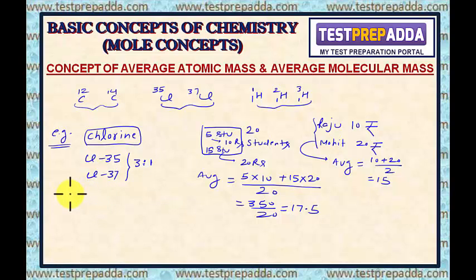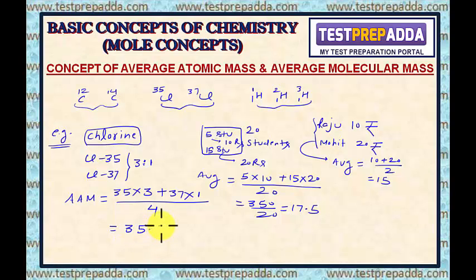So for the average atomic mass, what will you do? The atomic mass of Cl35 is 35 into, what is the number? 3 I can take, plus here 37, I can write 1 for this, upon what will be the total number? 3 plus 1, that is 4. So this way, if you solve, the value comes as 35.5. This is the way we find average atomic mass.